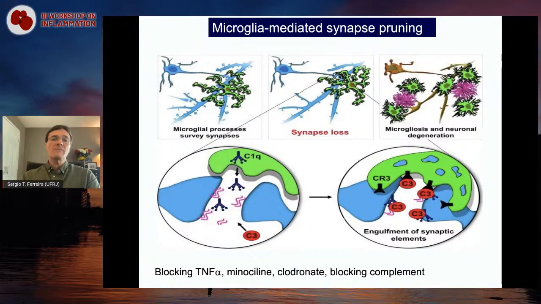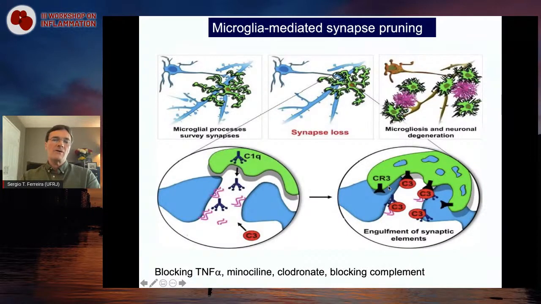In Alzheimer's disease, however, it has been shown originally by Ben Barres, also by Beth Stevens, and now by other researchers in the area, that in Alzheimer's disease brains and in Alzheimer's disease models, microglia are triggered to engulf synaptic elements, both pre and postsynaptic terminals, and that is a process that is driven or triggered by the complement system, by C1q and C3 in particular.